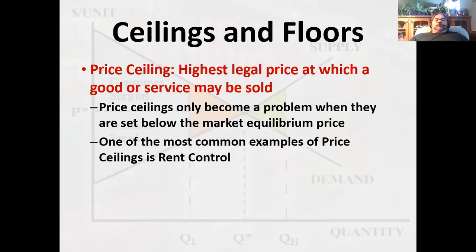One of the most common examples of price ceilings is rent control. If you don't know what rent control is, this is a process that a lot of big cities use to try to maintain low-cost housing in high-cost areas. Basically, you have companies that own apartment buildings, and they will have a rent on each of the apartments in the building.